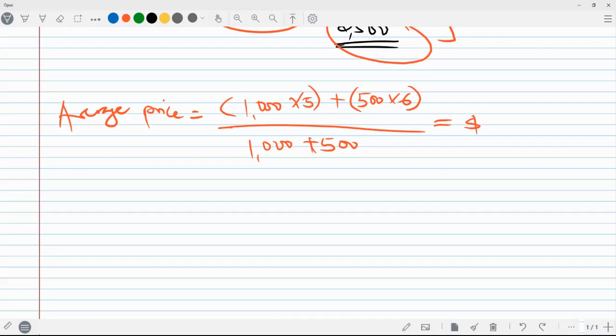Check again. 5.5, exactly. Confirm. Okay, great. So therefore, we get the average price equal to 5.5.